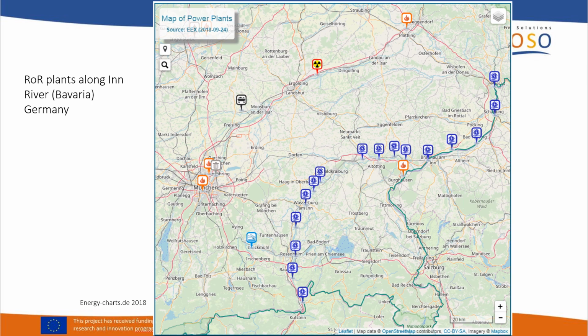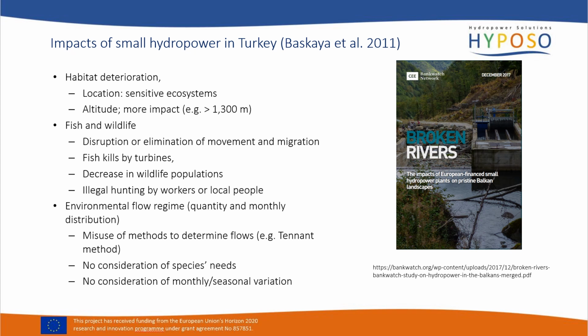So that might make it more difficult for these species, especially native species, to live and reproduce properly and have good population levels, and might favor the presence of invasive species. And these are some of the impacts that have been reported in some areas.